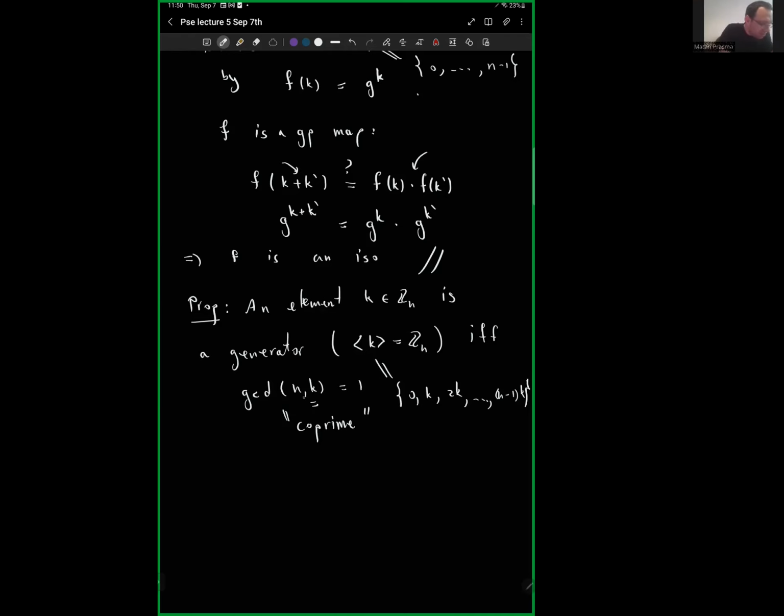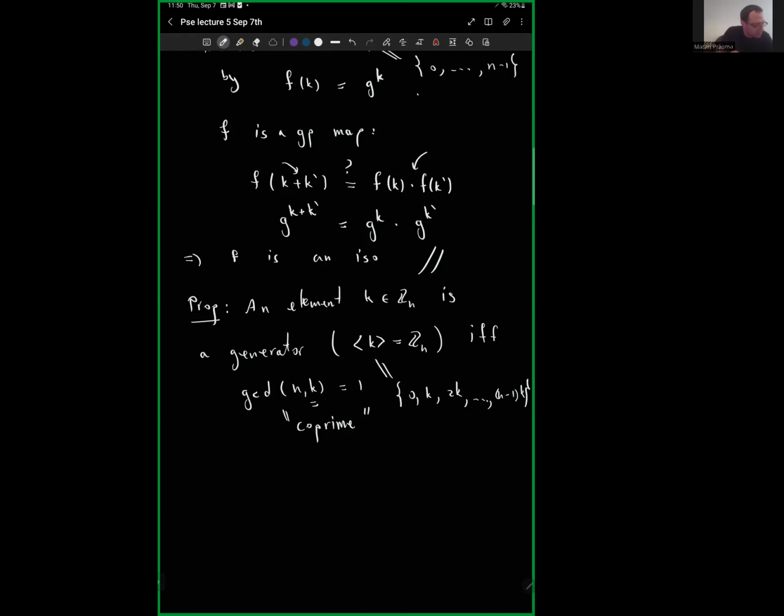Then it would have some common divisor greater than 1, and once you take powers of k, k will have an order smaller than n. And if it has an order smaller than n, it could not generate everything. But we will prove this.